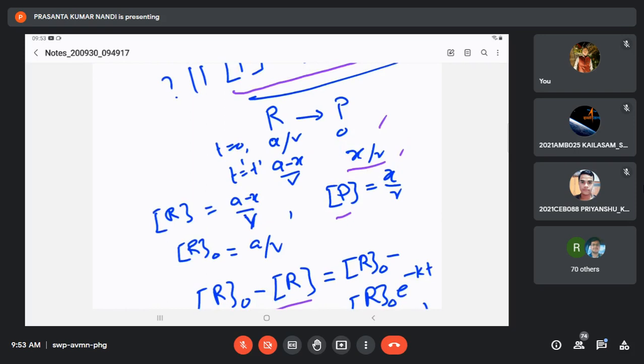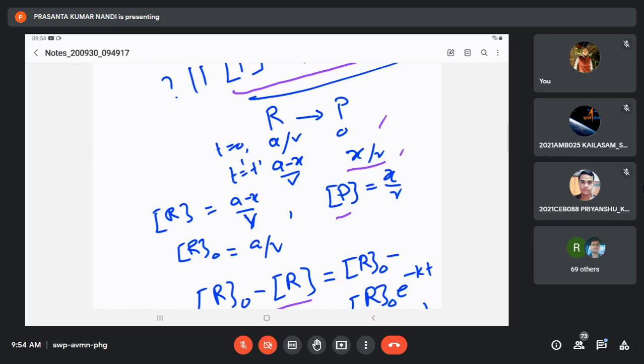Let A be the initial number of moles of reactant R, and V the volume of the vessel where the reaction is carried out. So V is fixed. At time t equal to 0, at the start of the reaction, product concentration is 0 and that of reactant is A by V. Now at time t, let X be the number of moles produced from A of the reactant.